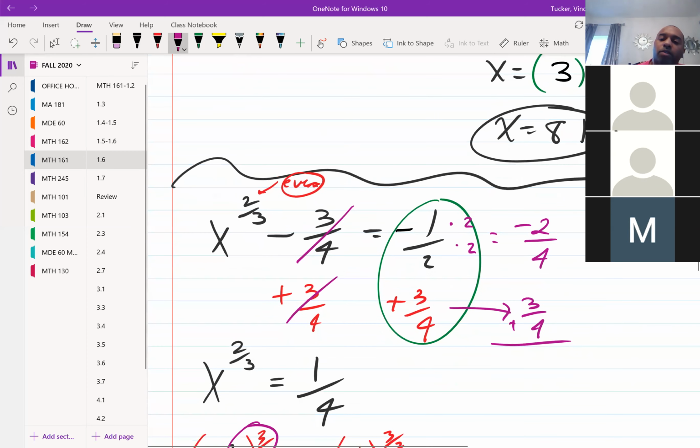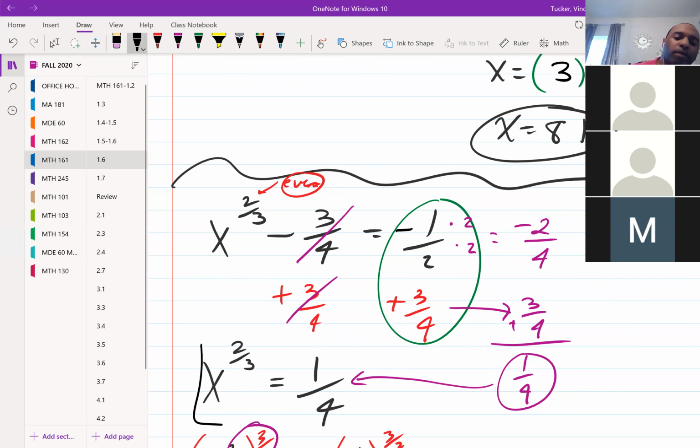All right, so adding those together will give us 1/4. So now we have x to the 2/3 equal to 1/4. Before we go any further, any questions?